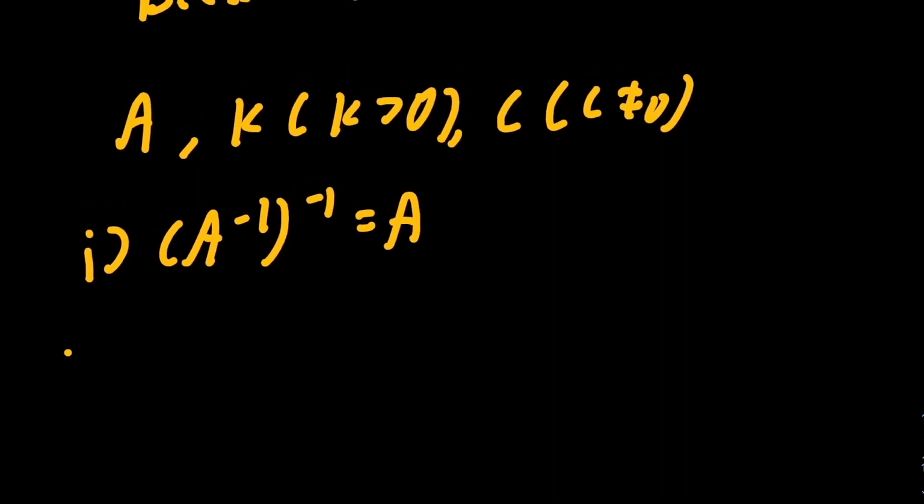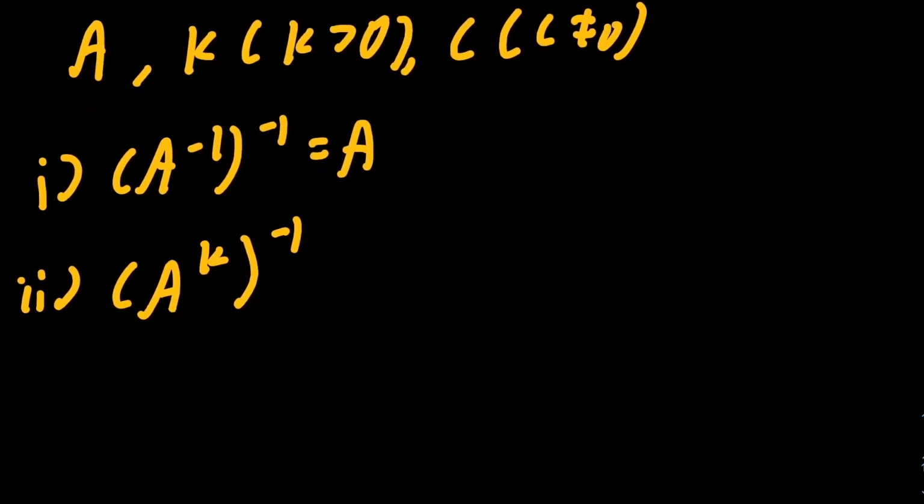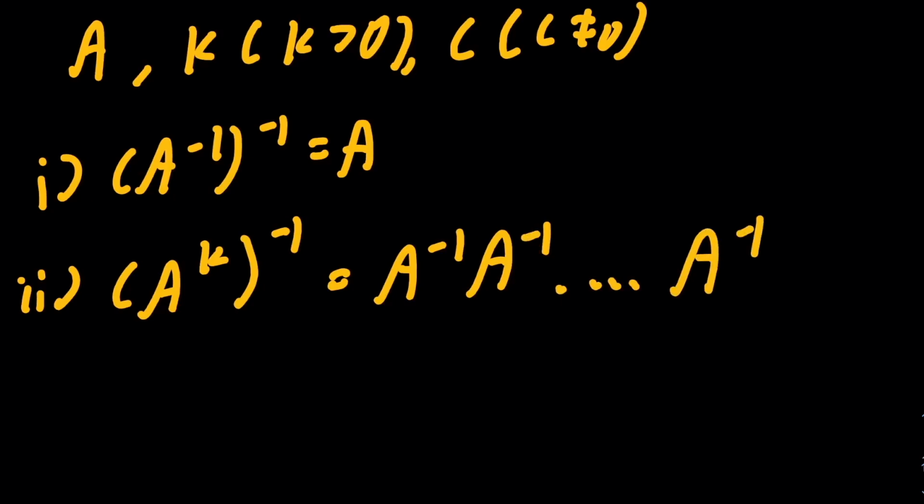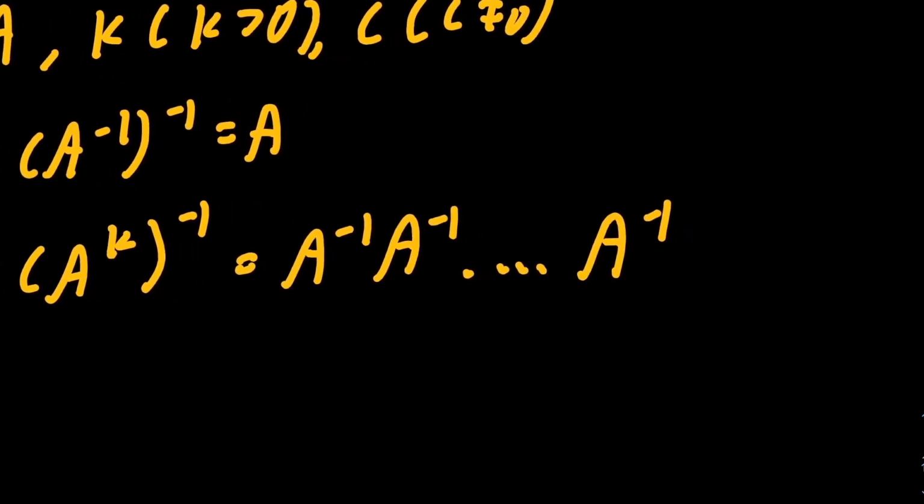Okay, so let's say we have A raised to a positive integer K, and the whole quantity is to the negative first power. It turns out we just have A to the negative first power times A to the negative first power, and so on, depending on what that value K is.